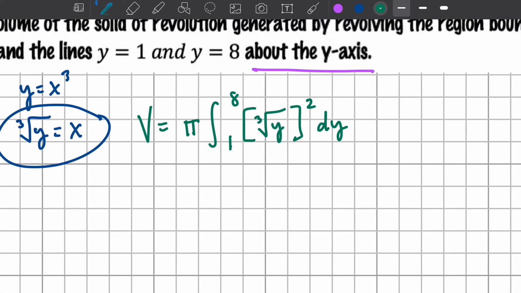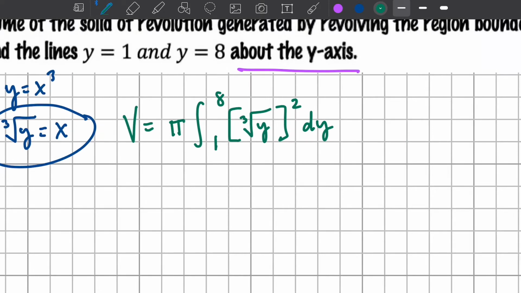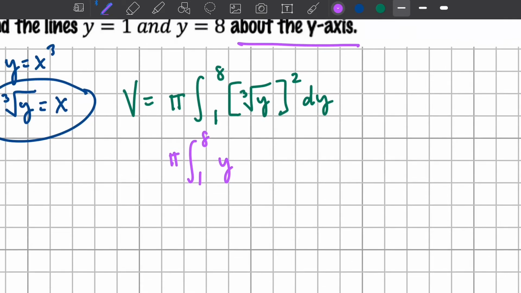Now, instead of writing it as the cube root of y, I'm going to write it as an exponent. So pi integral from 1 to 8 of y raised to the 1/3 power, but since I'm raising it to the second power, I multiply, so it's really 2/3, dy.